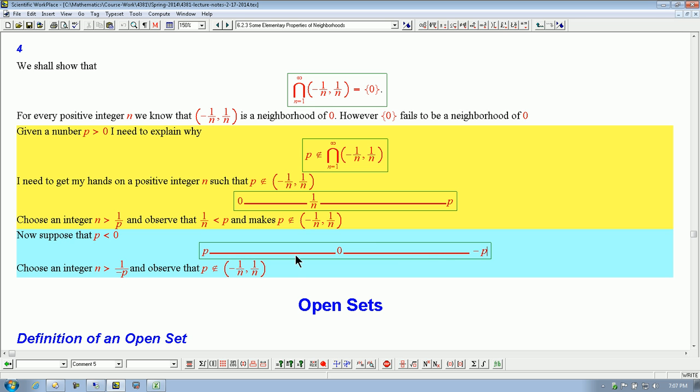And if you go from minus 1 over n to plus 1 over n, you leave out both p and minus p. Do you understand?